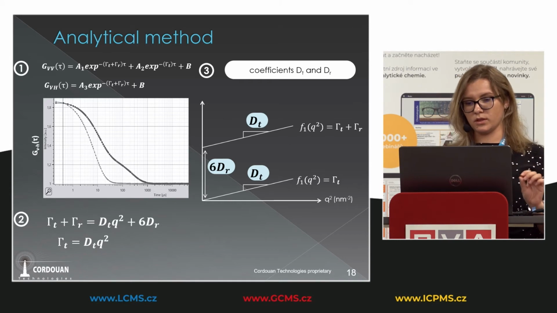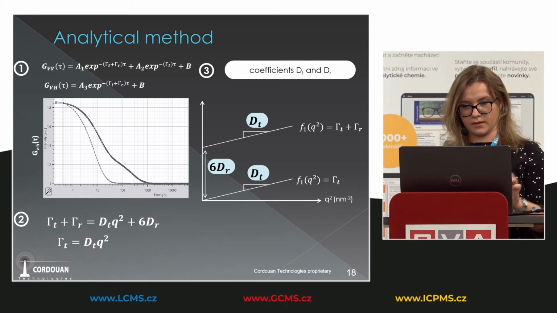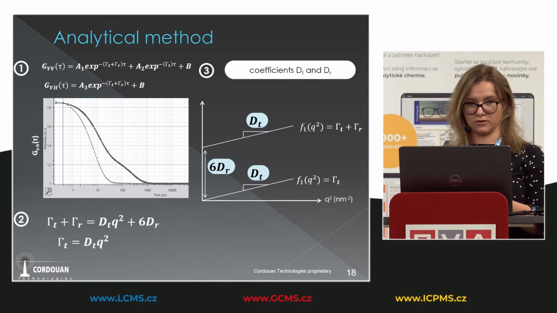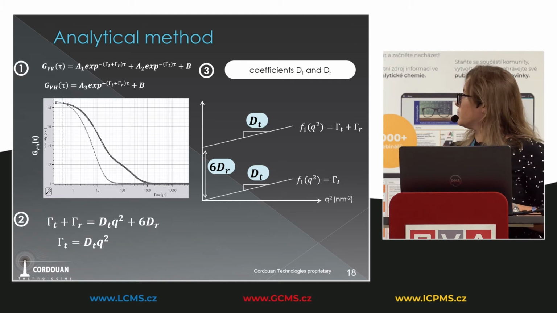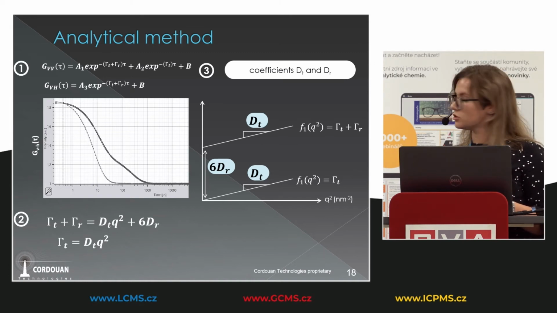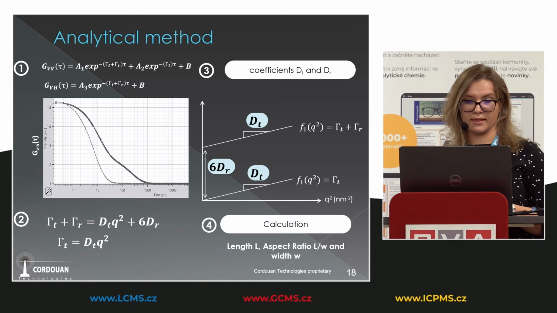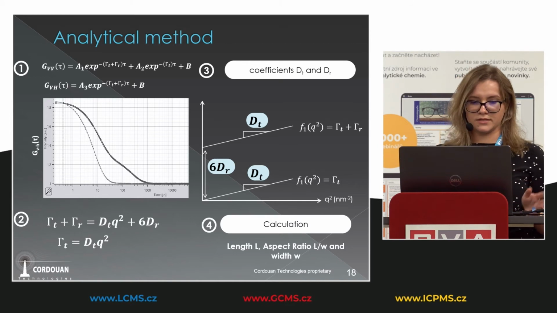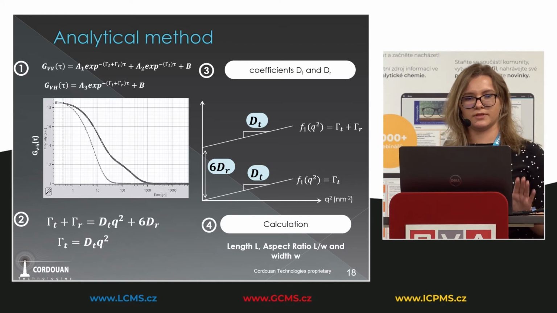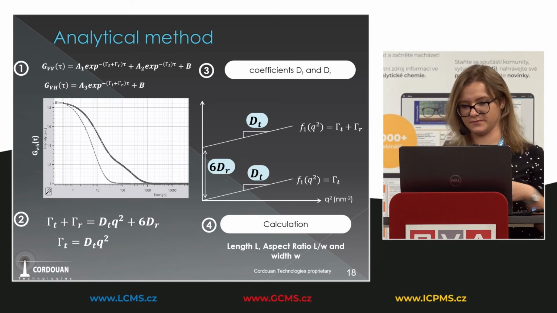And if we track the decay of the autocorrelation function as a function of the angle of scattered light, we have access to the information about the translational and rotational diffusion coefficient, and that means the length, width, and aspect ratio of the particle. Obviously, you don't need to know all these equations to do the measurements, because they are in our software, and you just need to do your measurements and obtain the results.